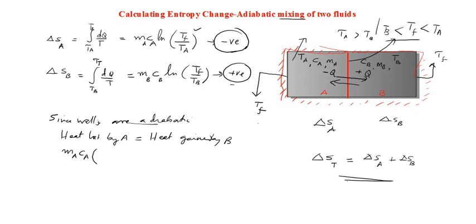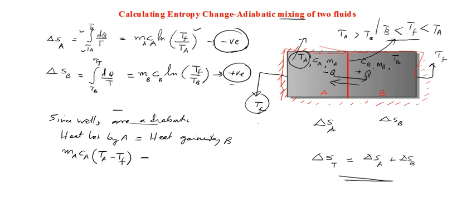You just equate the magnitudes, so dT will be TA minus TF, since TA to TF it is changing. Larger minus smaller, you take TA minus TF. Take only the magnitude, that's what we mean.